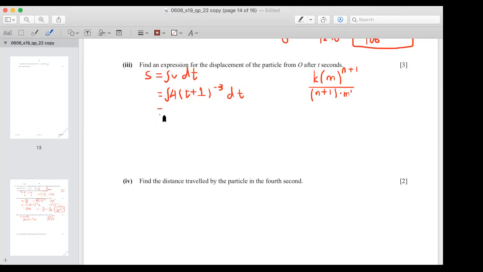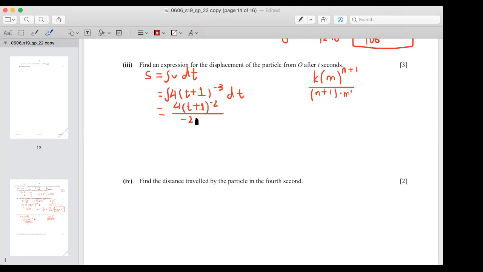Following that equation, we know that's 4. So it's 4(t plus 1) to the power of negative 2, because negative 3 plus 1 is negative 2. That's a simple calculation. So we have negative 2 as our denominator.